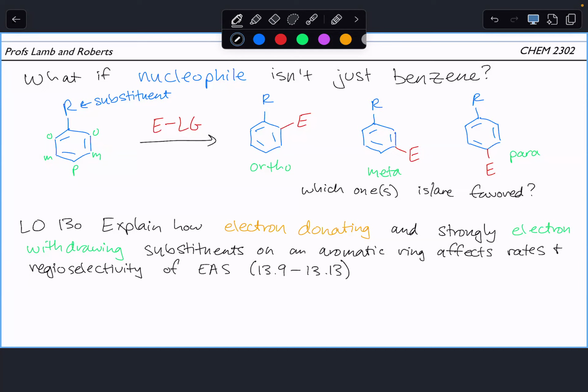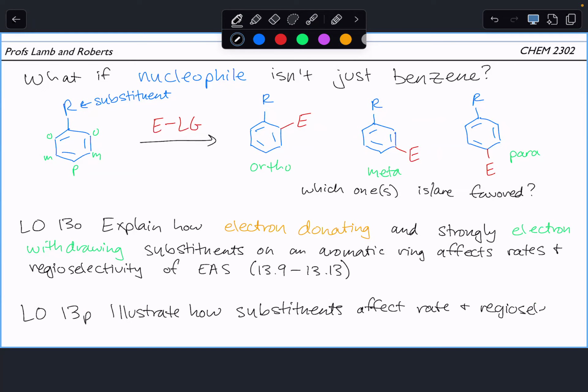So regioselectivity just means which of these three products are we making, because we're attaching at different positions. So that's our regioselectivity. And then it goes along with this, but we separated it out into a different learning objective, 13P, which is to illustrate how substituents affect rate and regioselectivity using resonance arguments.